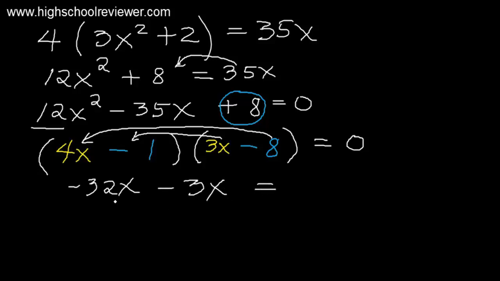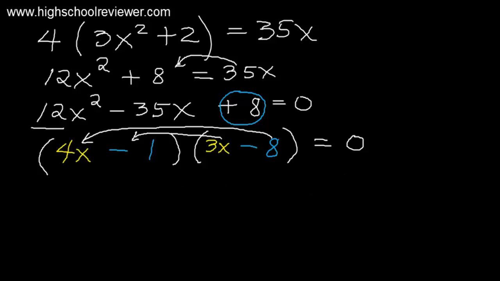So negative 32x minus 3x is negative 35x. Okay, so negative 35x is equal to our second term, which is also negative 35x. So we can say that these are our correct factors. Okay, we can erase this one, and we can now proceed to finding the values of x.